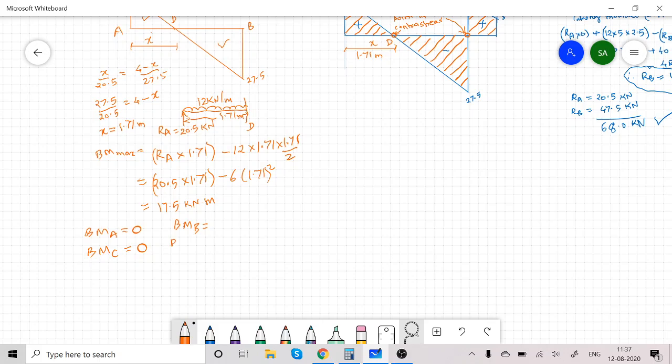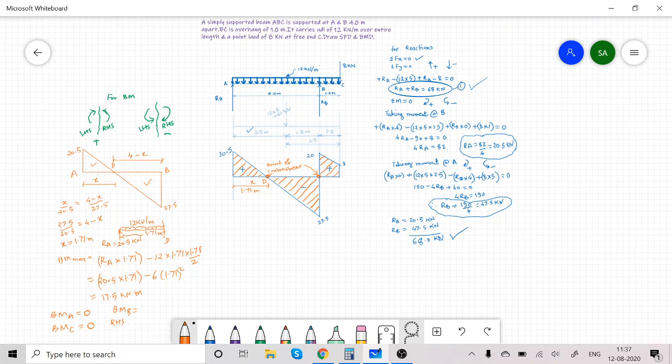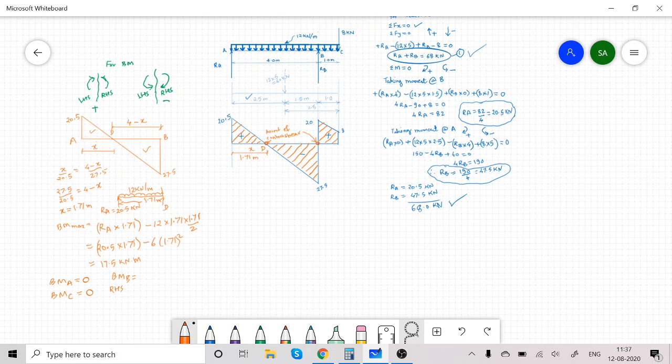Here I will consider the right hand side. On the right hand side of B, there are two forces. One is the concentrated load, 8 into 1. This is clockwise but on the right hand side, so according to our sign convention, 8 into 1 is minus.